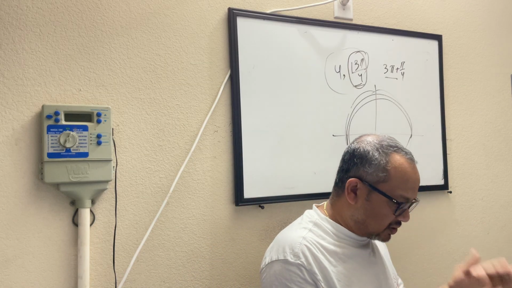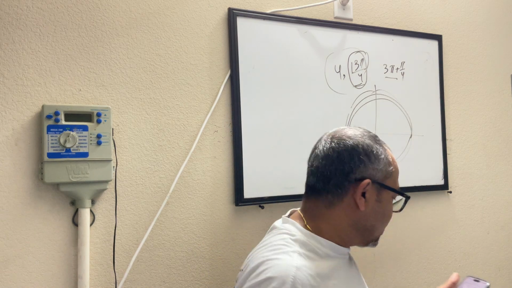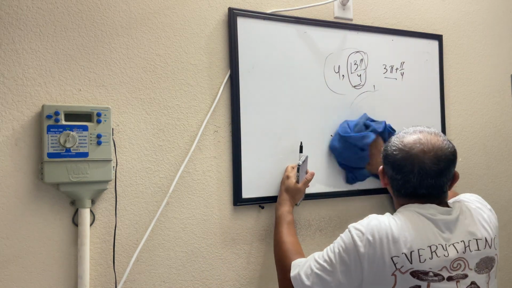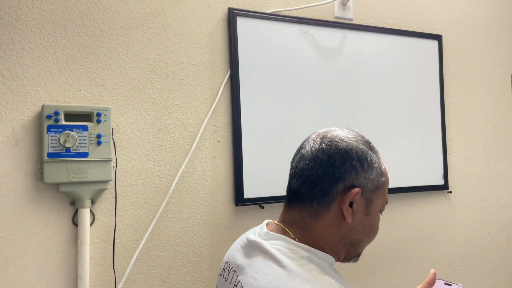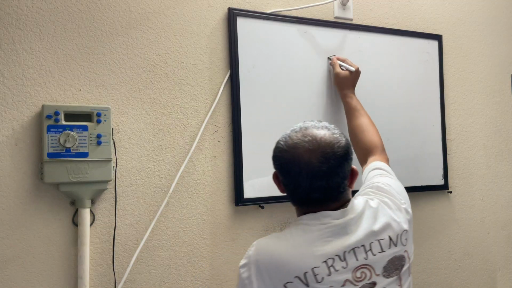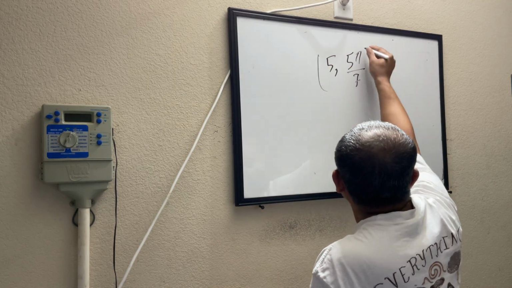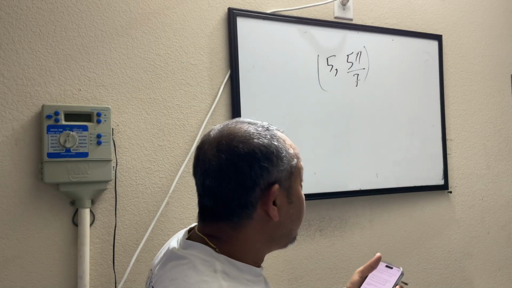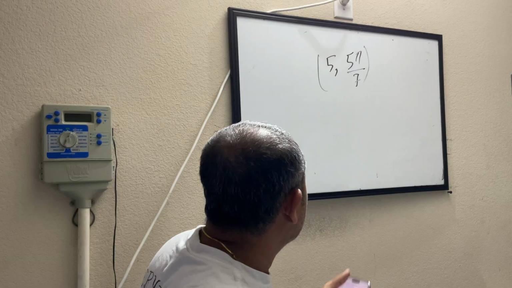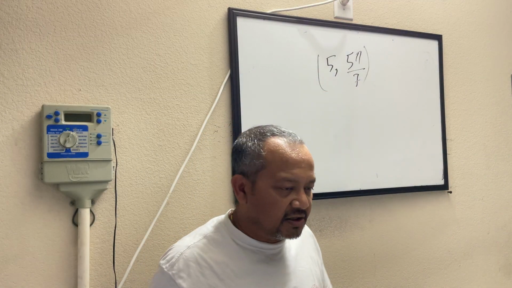Now let's look at a difficult looking problem. I'm talking about converting polar coordinate to Cartesian coordinates. And the question is this. It says convert the polar coordinate 5, 5 pi over 7 into regular form or Cartesian coordinates. So you are given the polar coordinates, you have to convert that to Cartesian coordinates.